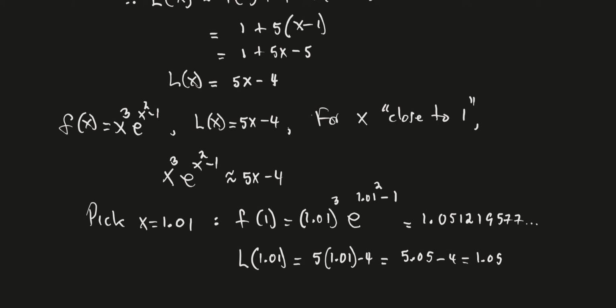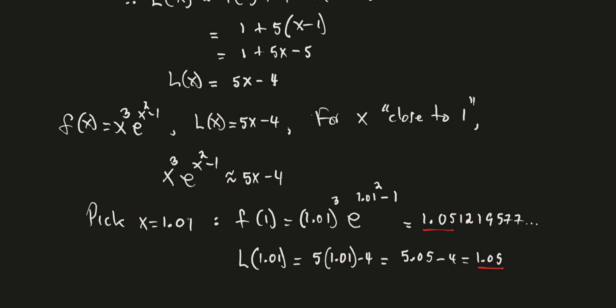So, accurate to 2 decimal places, these are identical, right? So that, in a nutshell, is what we mean by the fact that the tangent line, this linear approximation, approximates the original function.